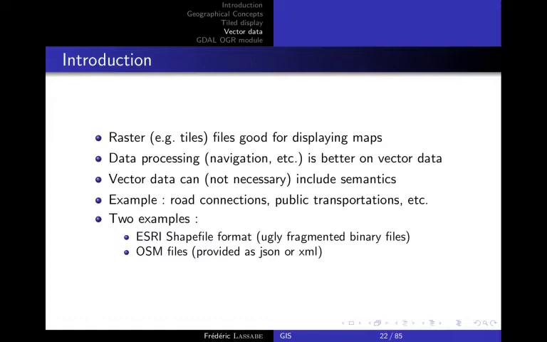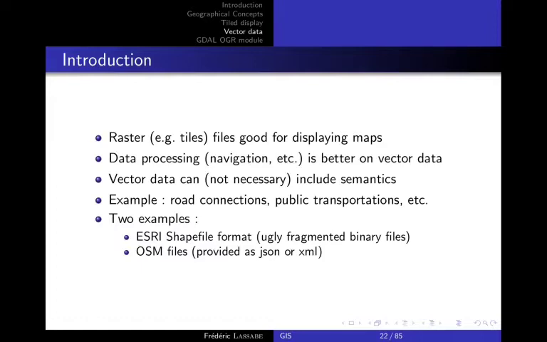Vector data are able, but it's not necessary, to include semantics. So for instance, you have semantics in road connections, public transportations, and so on. There are two examples here that we'll see about vector data.